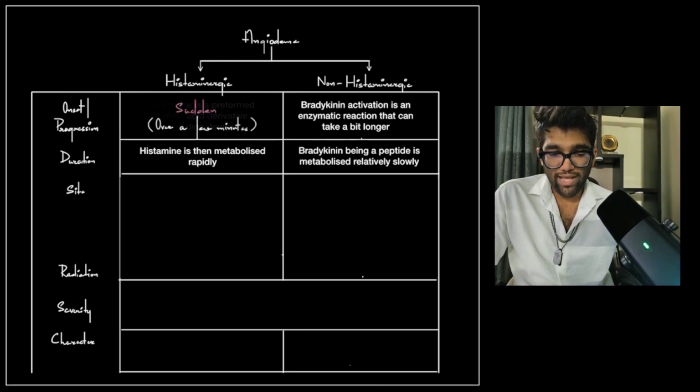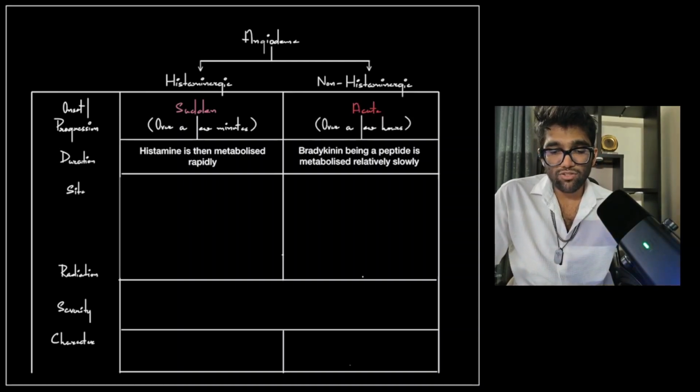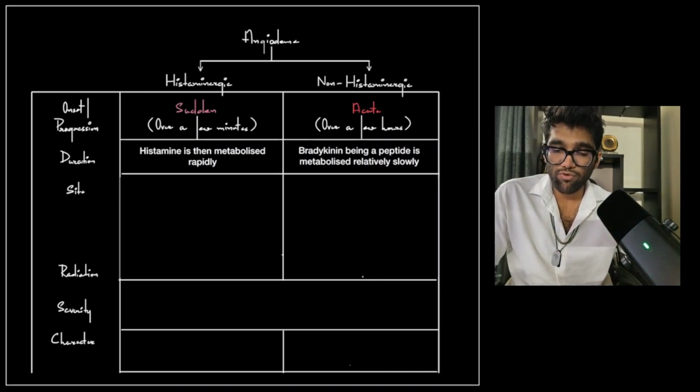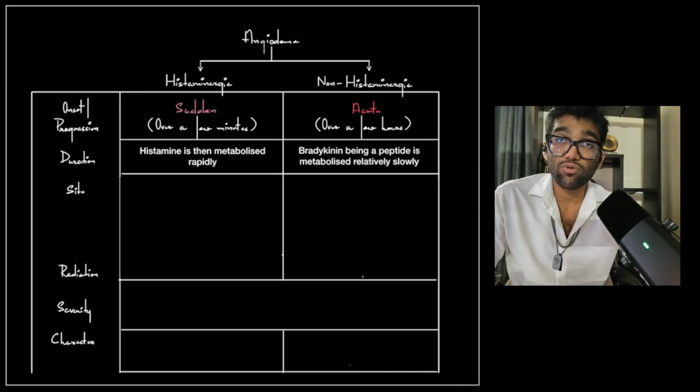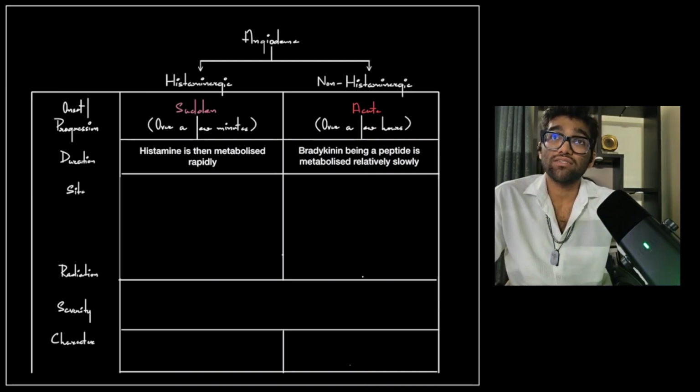So naturally, the onset of histaminergic angioedema will be sudden, over a few minutes. Whereas bradykinin is not produced in a preformed fashion. It has to be activated. So non-histaminergic angioedema occurs over some period of time, usually over a few hours.